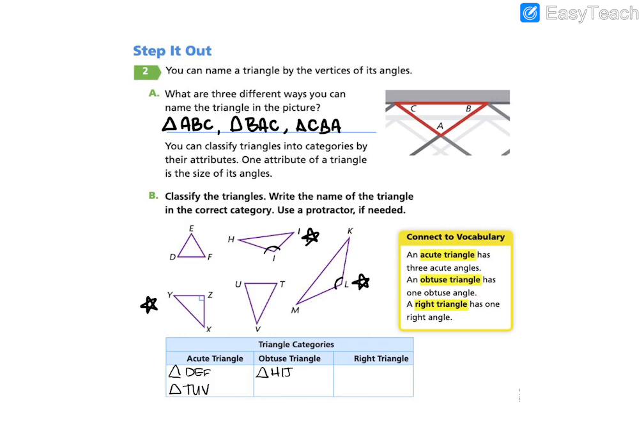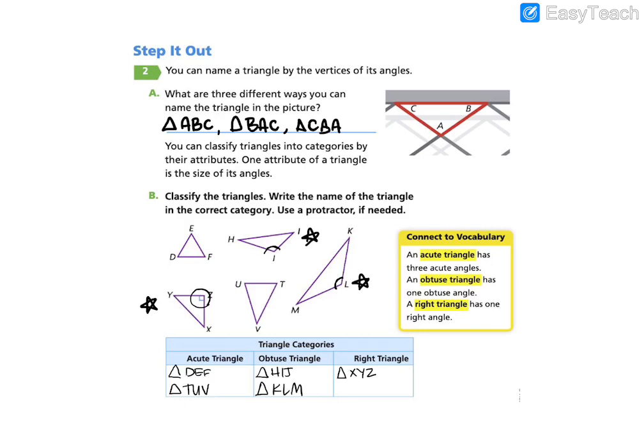Angle MLK is an obtuse angle, making it an obtuse triangle. And right here, angle XZY is a right angle. So we know that triangle XYZ must be a right triangle.